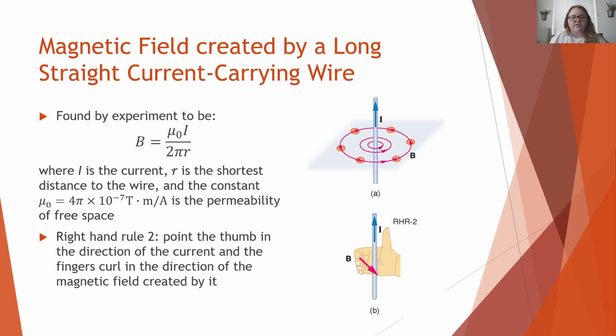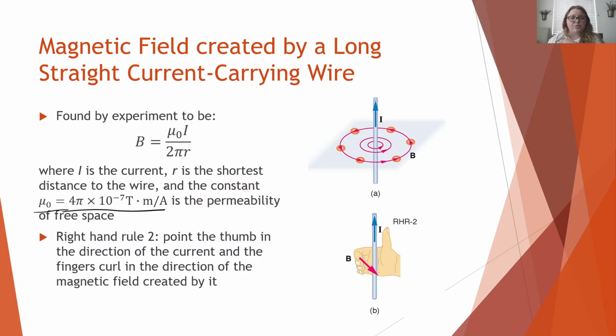So I is the current, r is the shortest distance to the wire, and mu naught is a constant called the permeability of free space, given by 4 pi times 10 to the negative 7th Tesla meter divided by ampere.